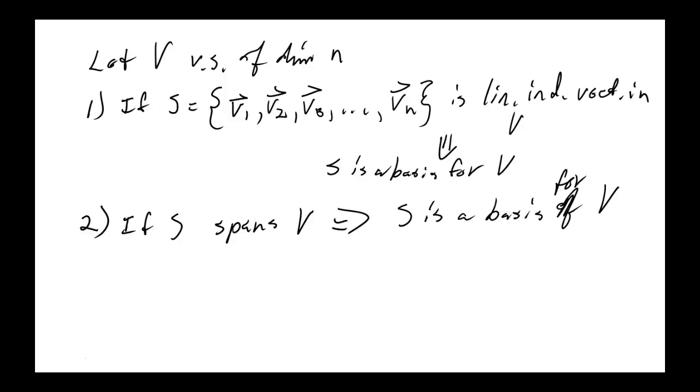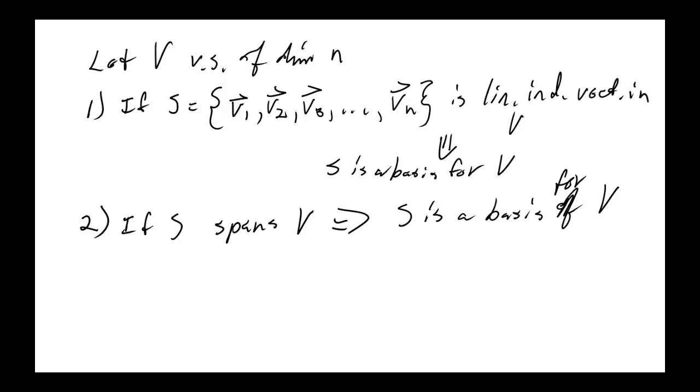Or, if you know S spans V, and has n vectors in it, I'm sorry, I left that part out, but has n vectors in it and spans V, then it's got to be a basis.